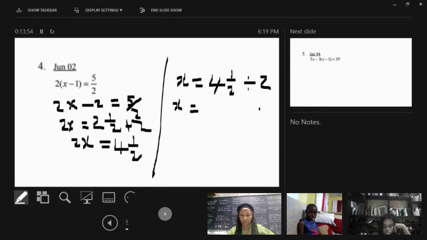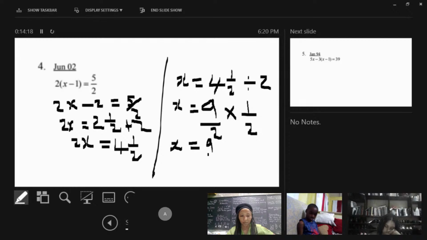We change the 4 and 1 over 2 to an improper fraction: 4 times 2 is 8, plus 1 is 9 over 2, times 1 over 2. So that would be 9 over 4, which is 2 and 1 over 4. Okay.